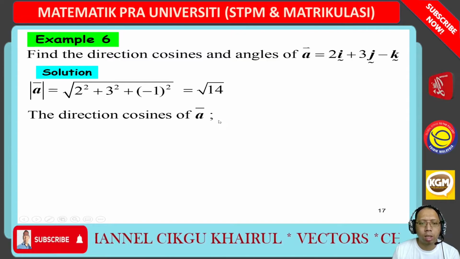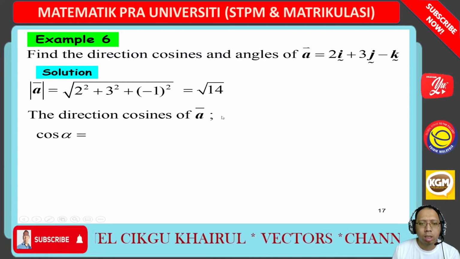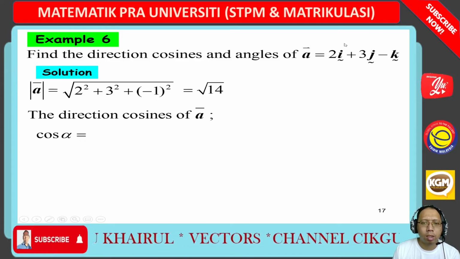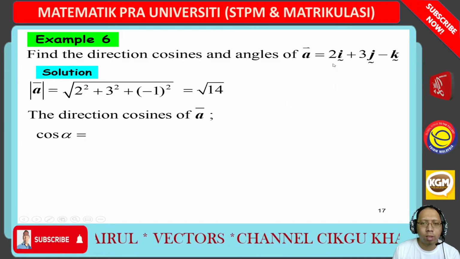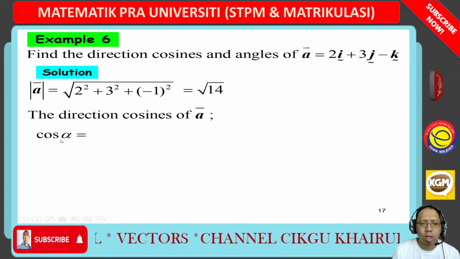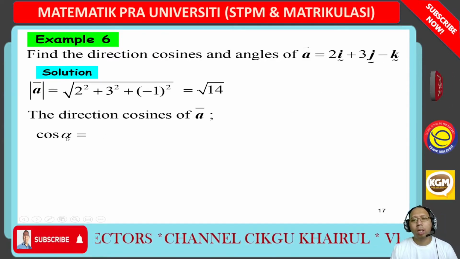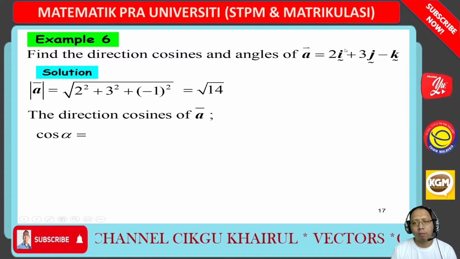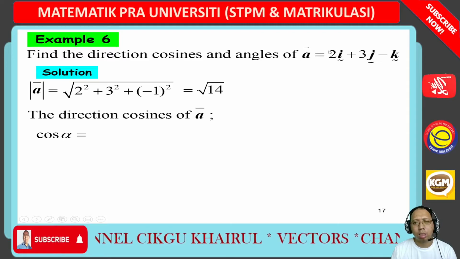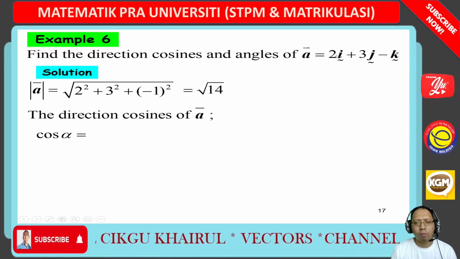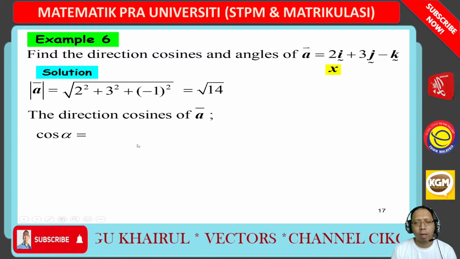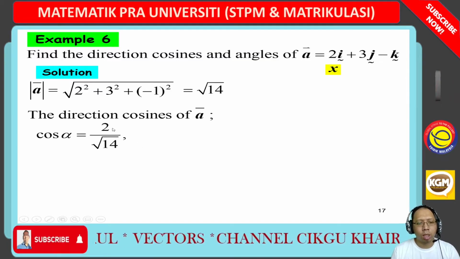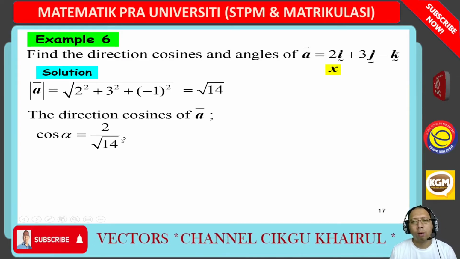For the direction cosine of vector A, cos alpha uses the coefficient of i, because alpha represents the x axis and i is the vector for the x axis. So we just take the coefficient of i, which is 2, divided by magnitude of A. So we get 2 over square root 14.